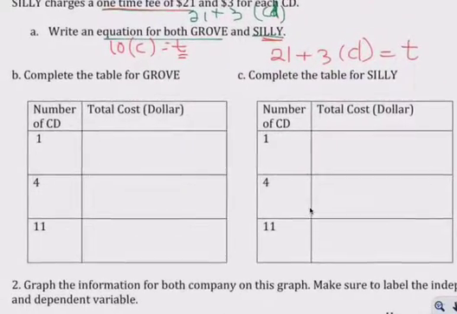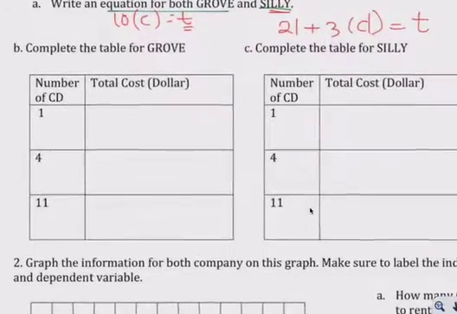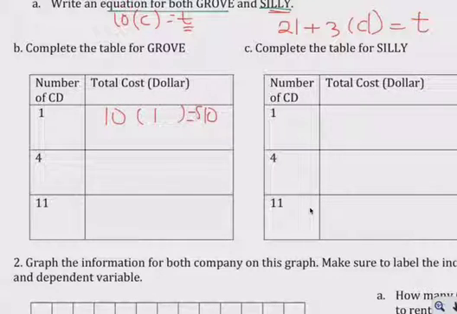So you do the problem here. 10 times CD, the CD amount is 1. It's going to equal 10 for the total cost. So the ordered pair here is 1, 10. Okay? Now, 10 times 4 CDs equals $40 for total cost.